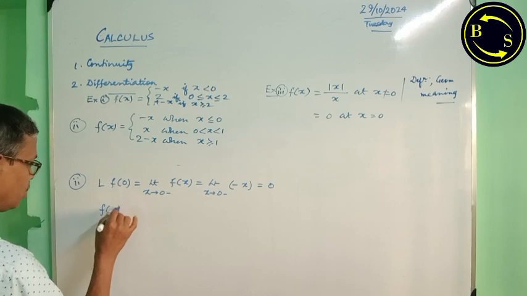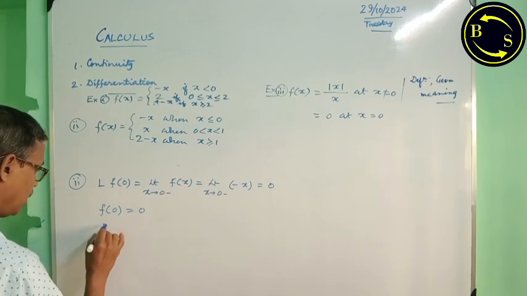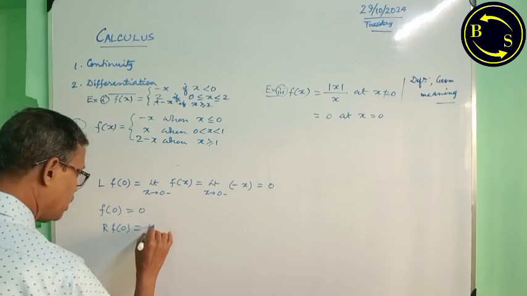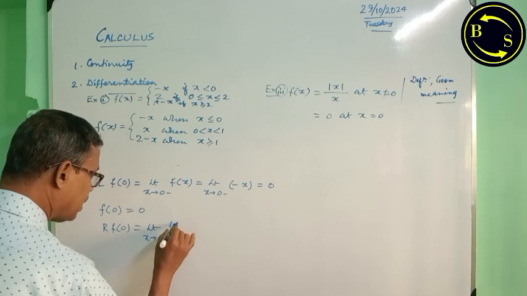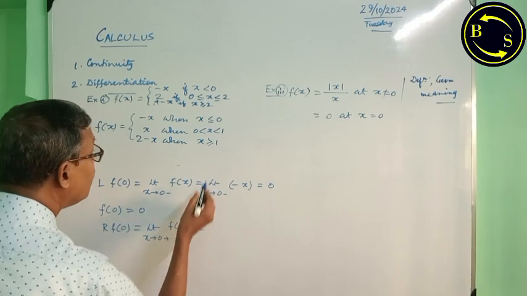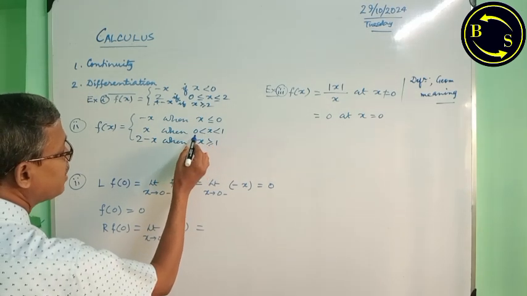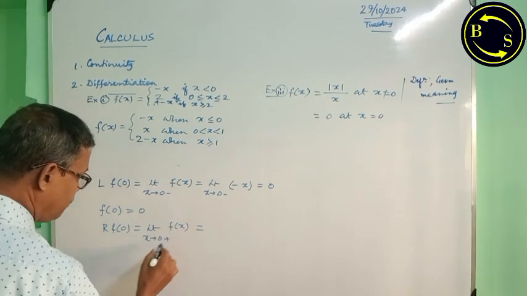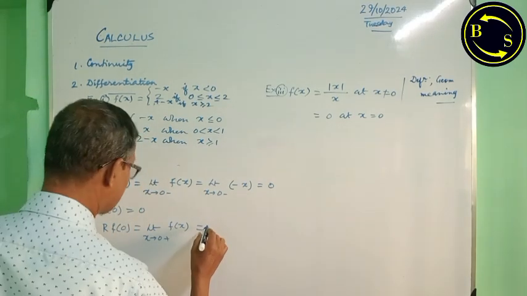f0, from this f0 is 0. RF0, limit x tends to 0 plus f(x). See this, x lies in between 0 and 1, means if x tends to 0 plus, this is to be taken for f(x).